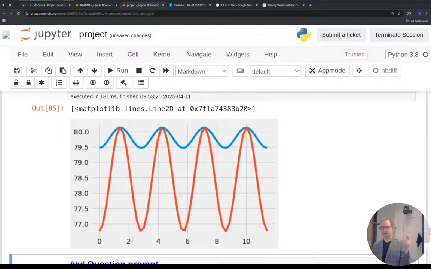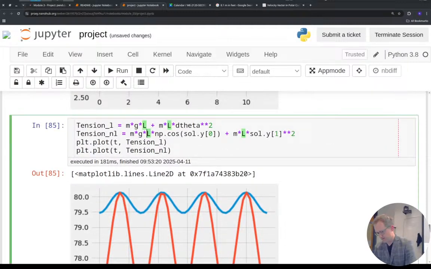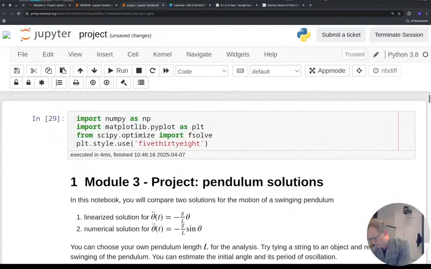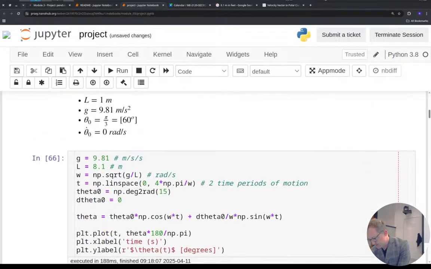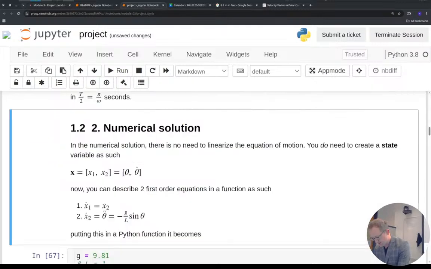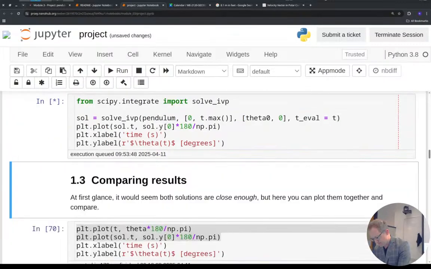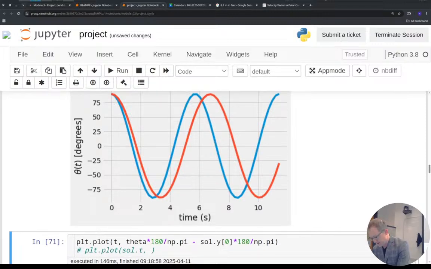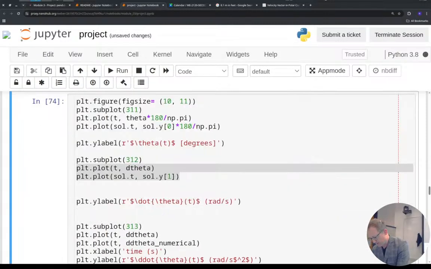We're still hitting the same kind of max value because we're including that theta squared. But if we look at jumping off of a bridge, so initial angle is now 90, things are different now because angles are large.